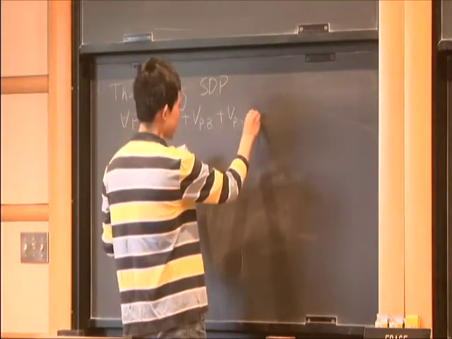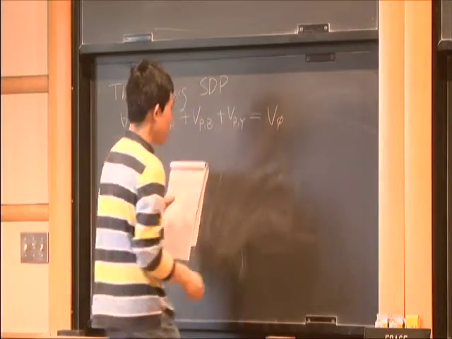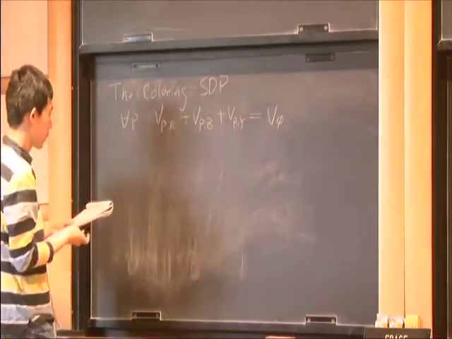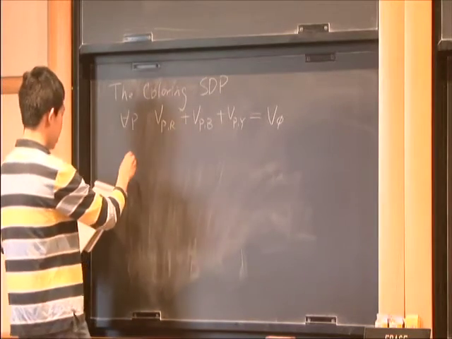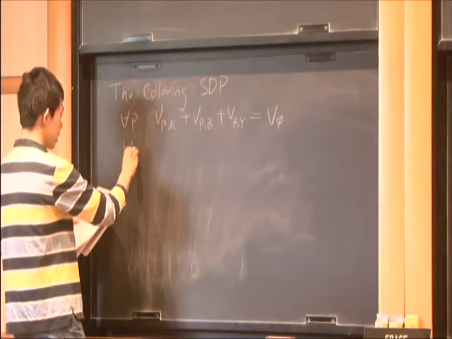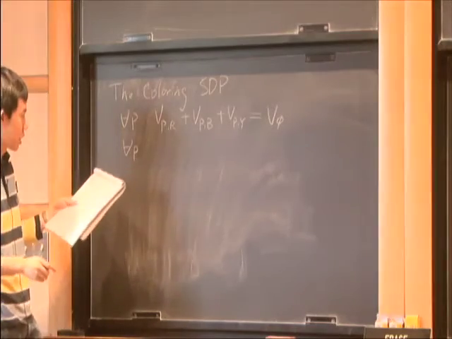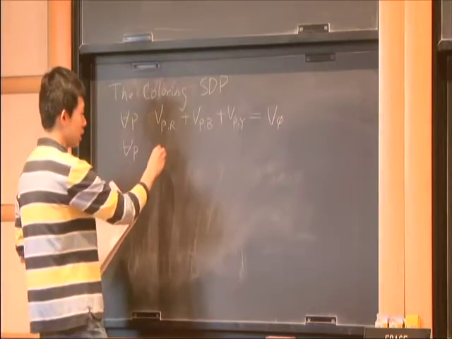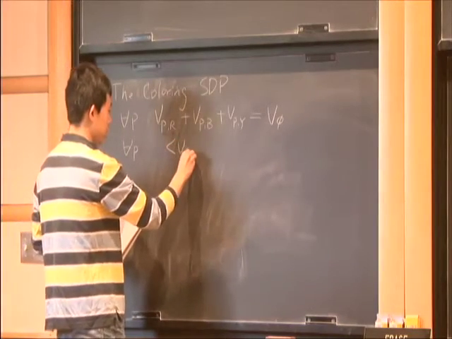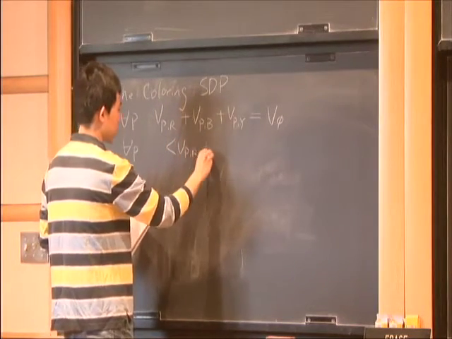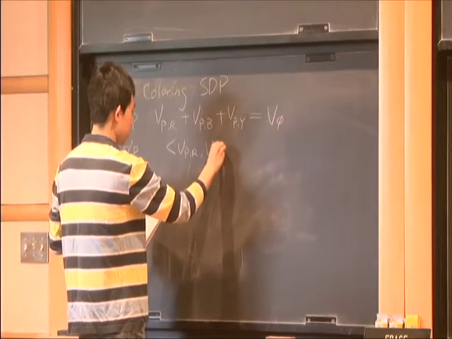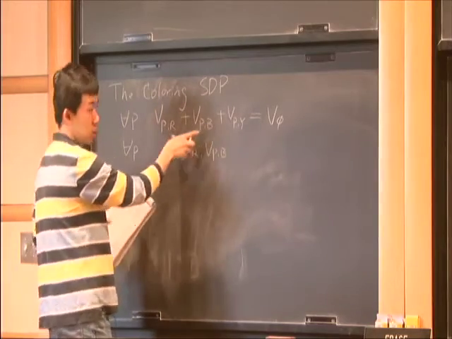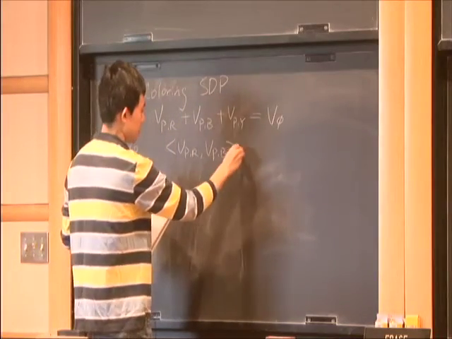So the sum of these vectors is V0, which is a unit vector. Well, then you say that for every vertex, it cannot be colored by 2 different colors. So VPR inner product with VPB, and actually all 3 inner products are 0.